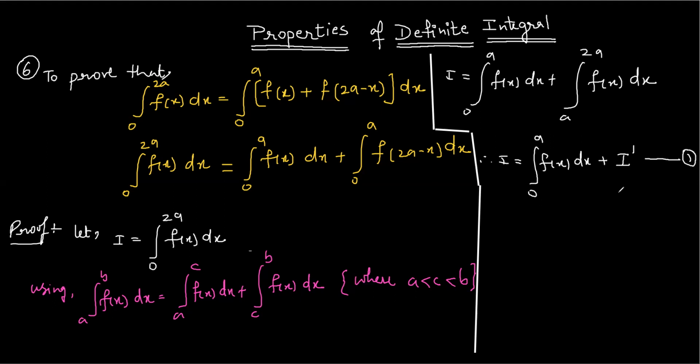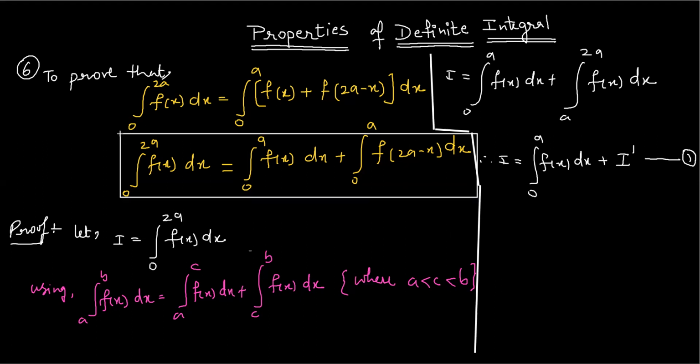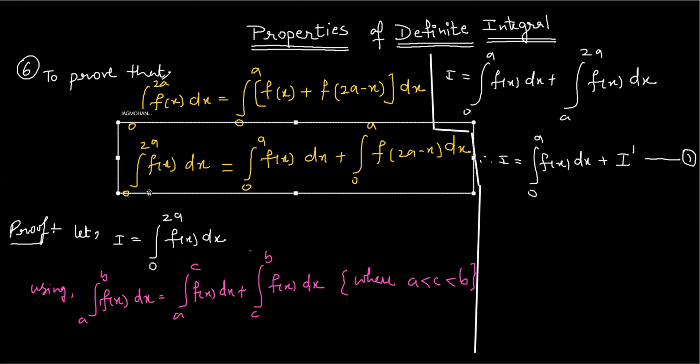Now, what I want you all to do is check what you had to prove. See, students, this was our aim. My aim was to prove that 0 to 2a is 0 to a f of x dx plus 0 to a f of 2a minus x dx.